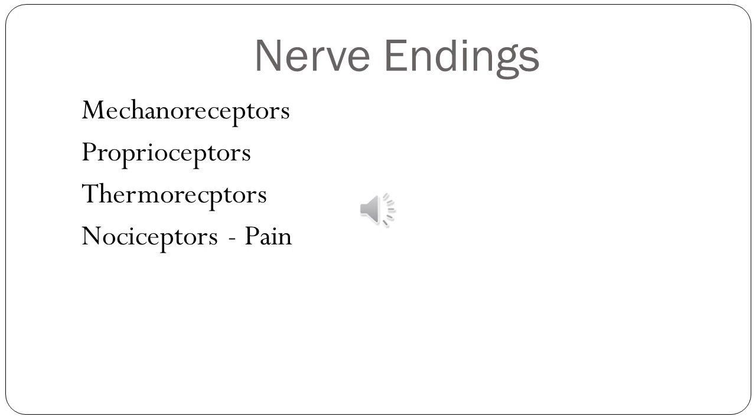It's then going to be carried by the next group of nerve endings, your nociceptors, or your pain receptors, which we talked about in particular. The A delta and C fibers are the two main nociceptors that we discuss in regards to pain control.